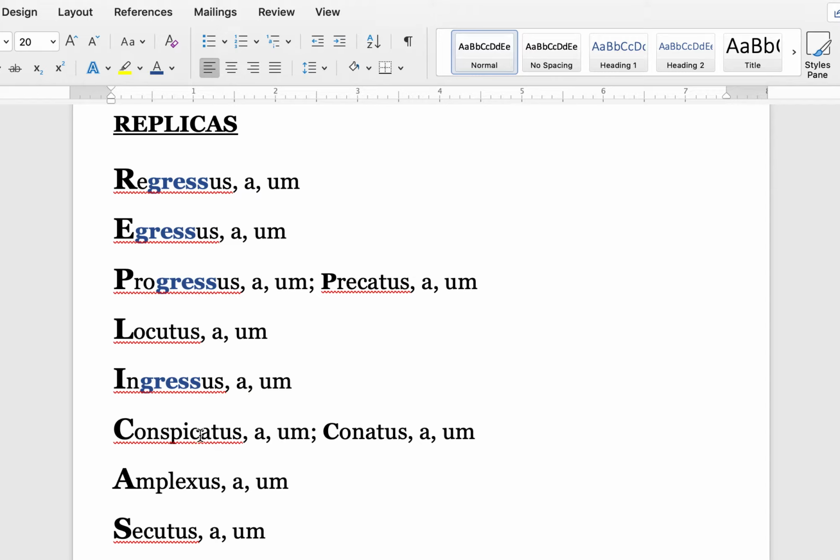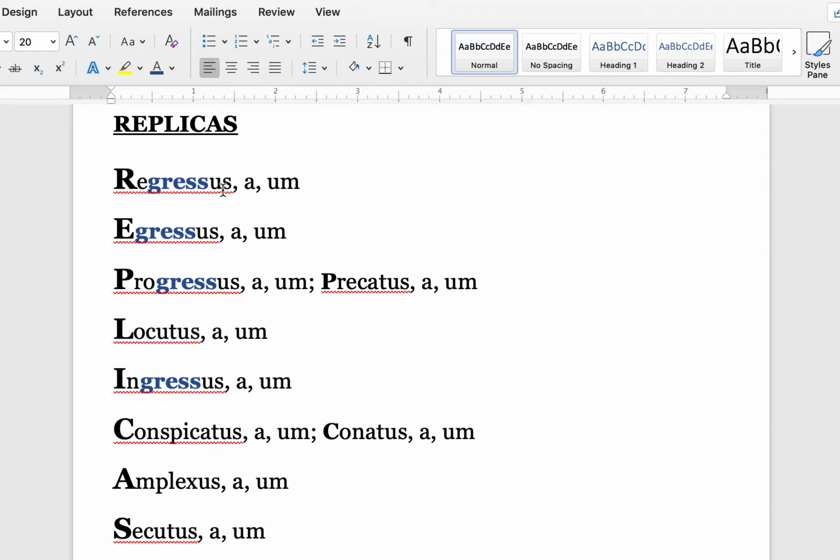Conspicatus, so we know inspicio, respicio, specto, spectare, etc. And here is conspicatus, having caught sight of, having seen, having noticed. Conatus is another C, having attempted, having tried. Amplexus, having embraced. And secutus, having followed.